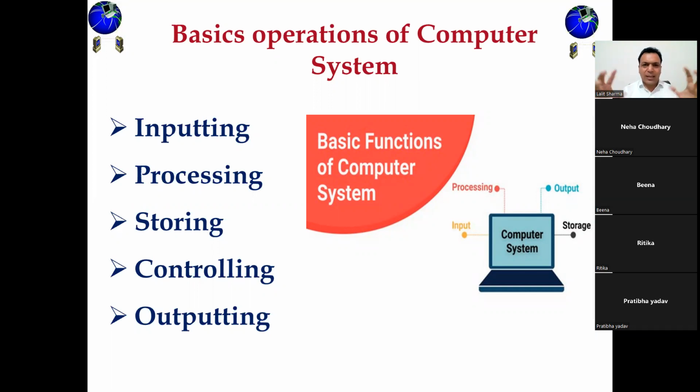Controlling: in the CPU, there is a control unit which controls which things are important first, so it processes those things first. And outputting: ultimately it is displayed on the machine, on the monitor. So these are the basic operations of the computer system, right guys? You should be aware of that.